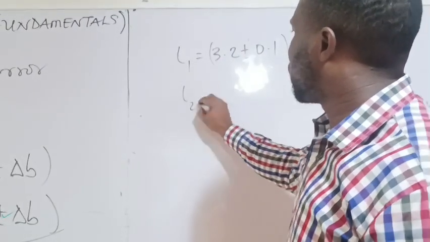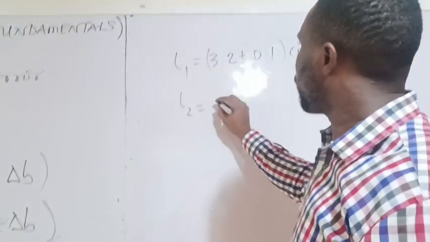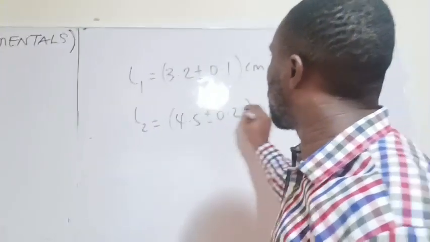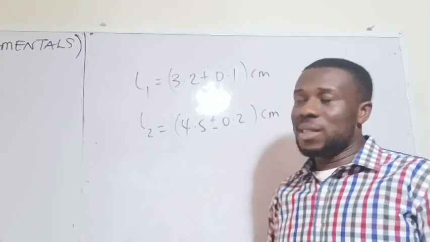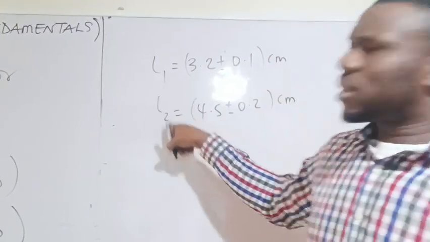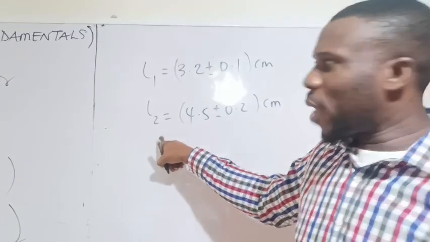And the second length, let's say, is 4.5 plus or minus 0.2, all in centimeters. So what I'm interested in is the difference in the length, right?